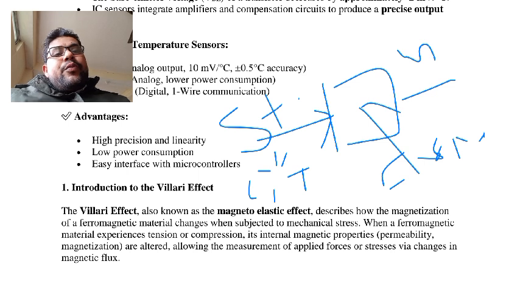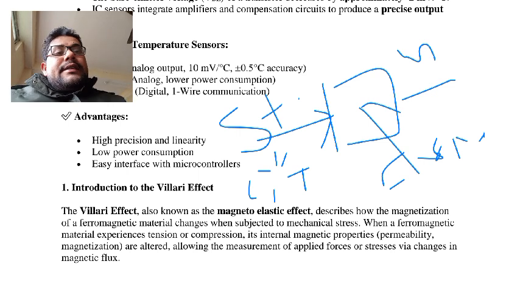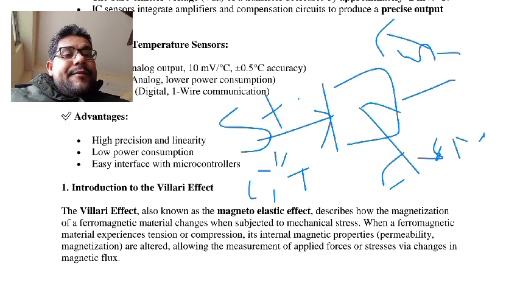So this ferromagnetic material's magnetization property will change. Then its permeability changes: the permeability of the magnetic material is altered when force or stress is applied, causing a change in magnetic flux.